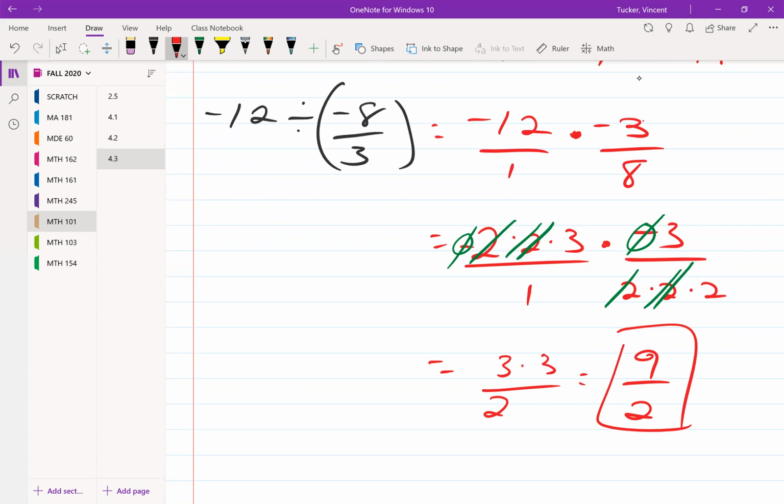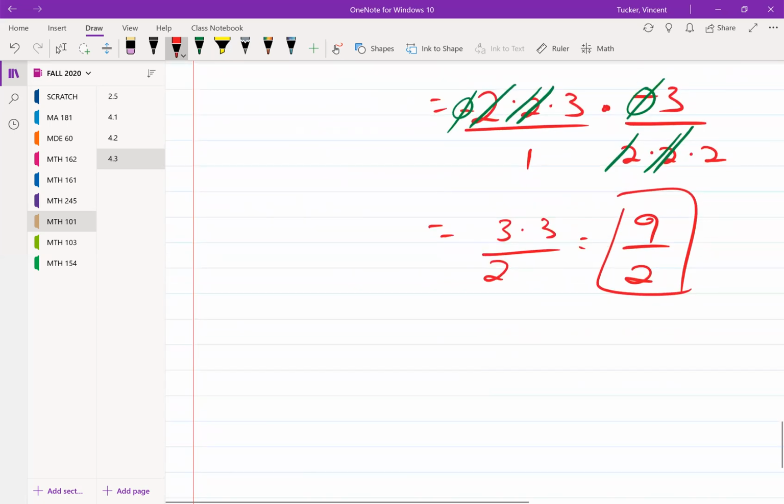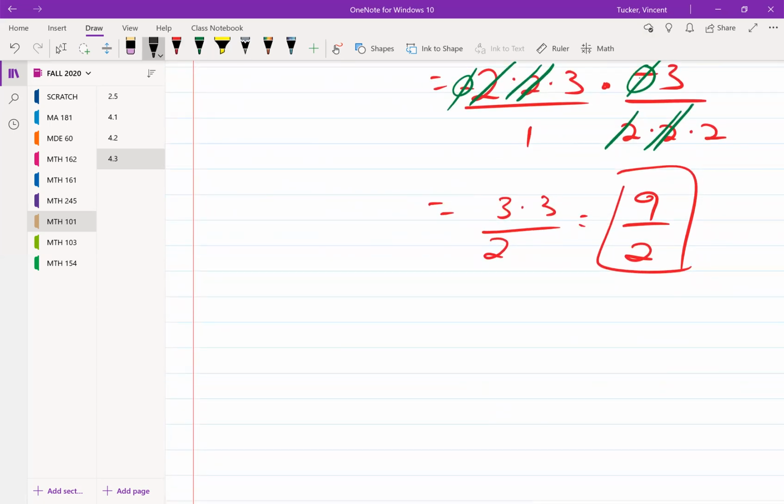All right. So try this stuff out. See if you have any issues. I see one more that's a good one. We got negative 10x squared over y squared divided by 5y.